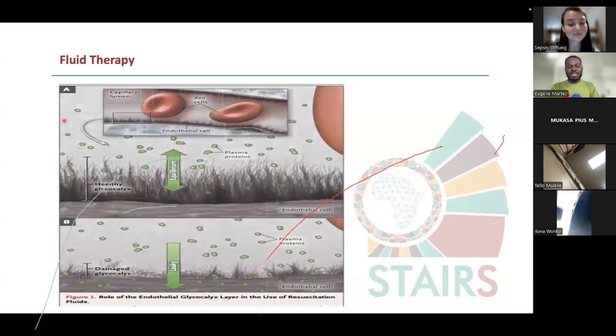As we can see in the second diagram, there is increased leak of plasma protein. So giving colloids is going to result in all these proteins getting into the interstitium, and it will be very difficult to actually move them back into the vessels and rid the body of them as compared to the crystalloids.